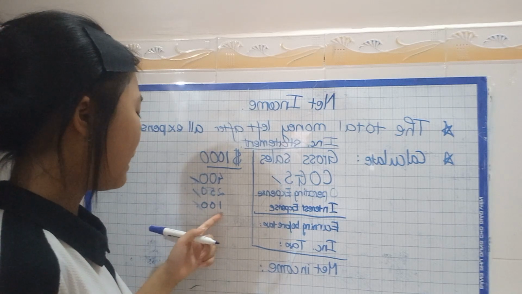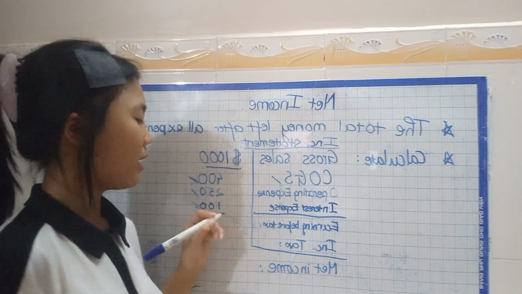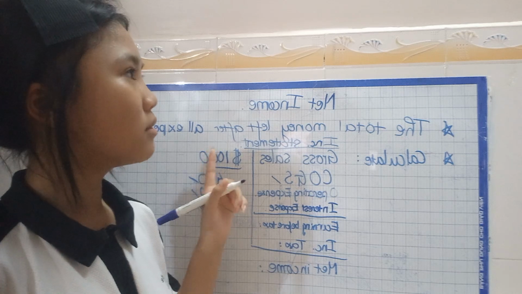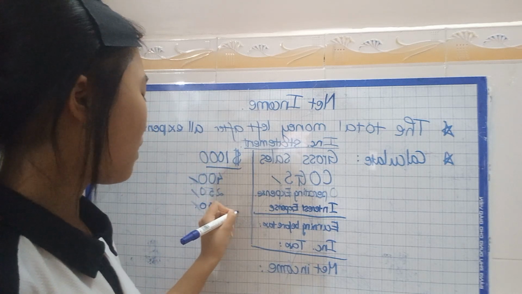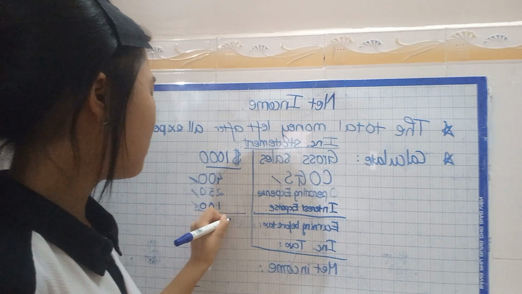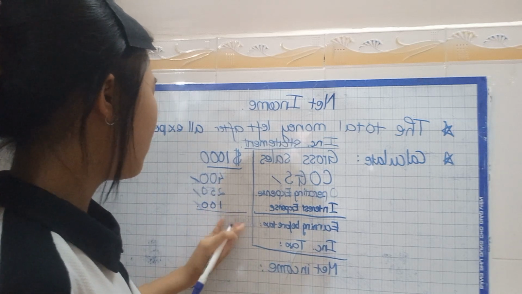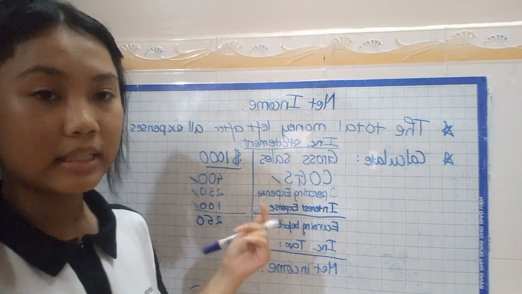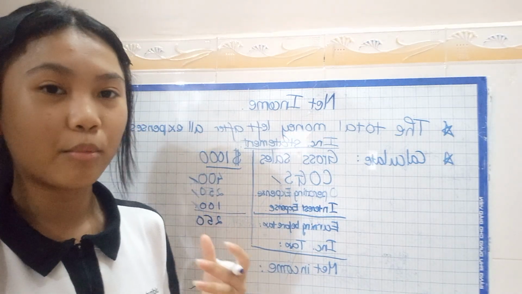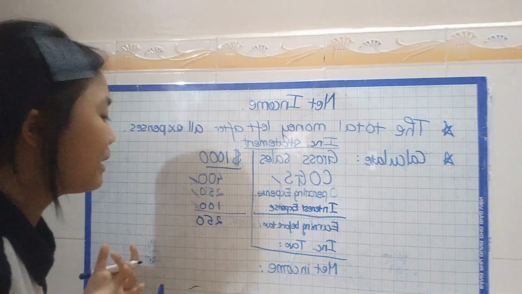So that means we have 730. Actually 750, 1,000 minus 750 equals 250, right? I'm writing in the order like this, so we are able to know the amount of money easier.